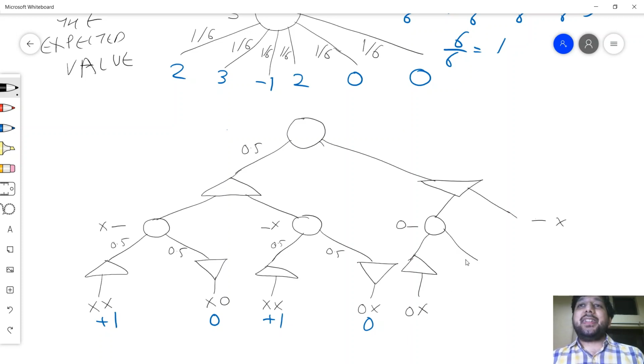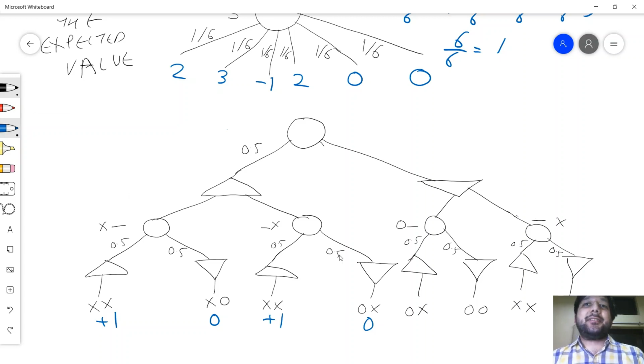Here Min gets to move, it puts an OO. Here again a toss of a coin, head with a probability of 0.5. Max gets to move, it puts X over here, so it becomes XX. Min moves, it gets to put O over here, OX. So the returns are 0, 0, -1.